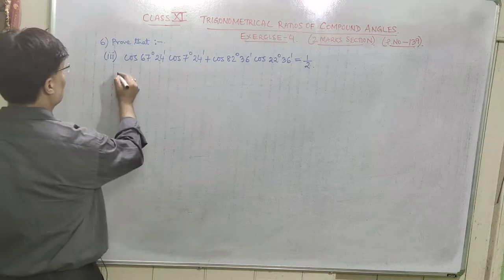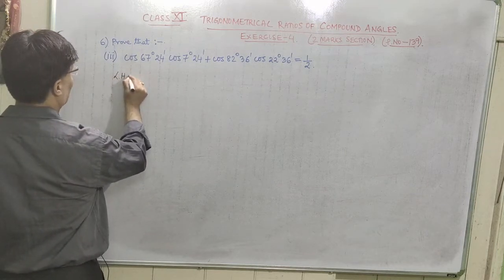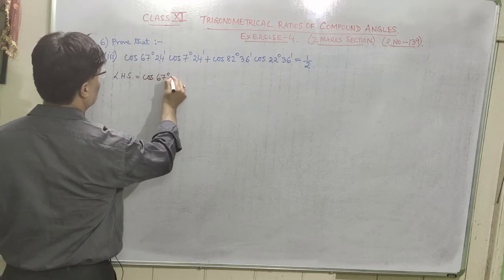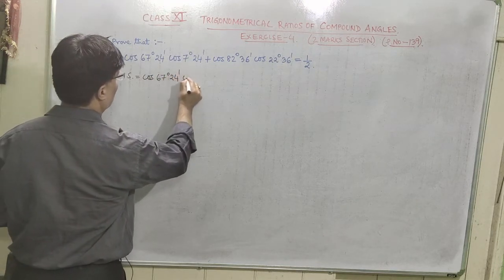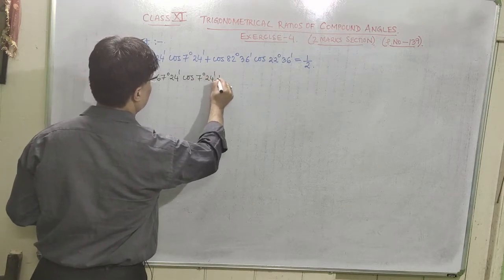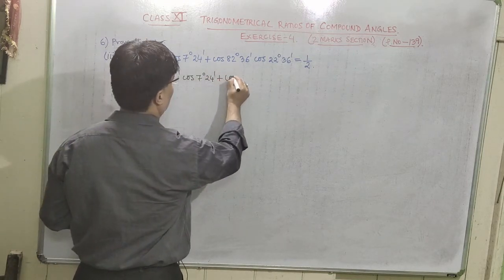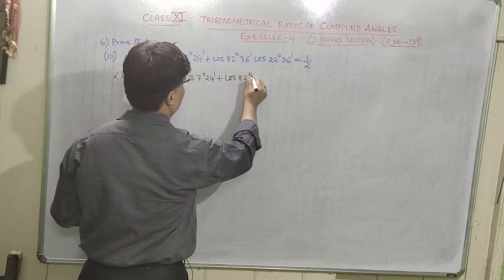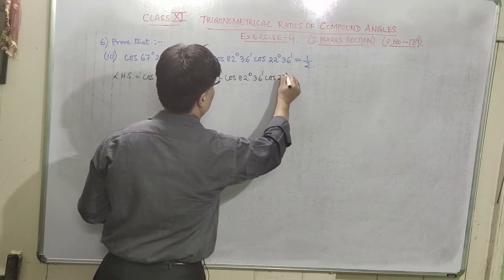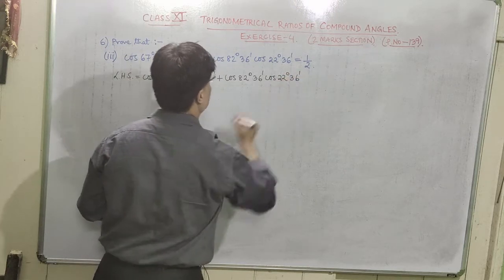So let us write down here left hand side. So LHS is equal to cos 67 degree 24 minutes cos 7 degree 24 minutes plus cos 82 degree 36 minutes cos 22 degree 36 minutes.